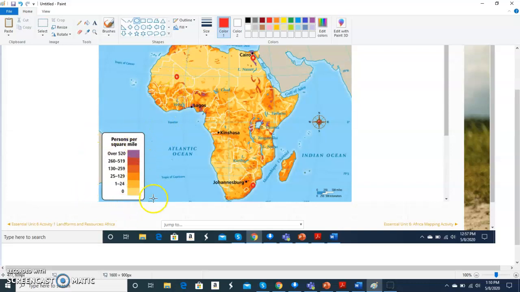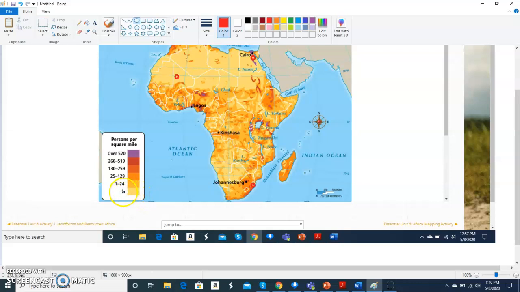Well, if you look at the key over here, and then if you know about the physical features of Africa, like in this region, this is called the Sahara Desert. So comparatively speaking, this region of Africa is not as populated as more temperate areas of Africa. So in terms of population density, you can look at the color here and match it to the key.